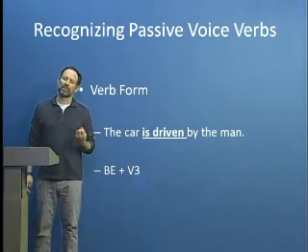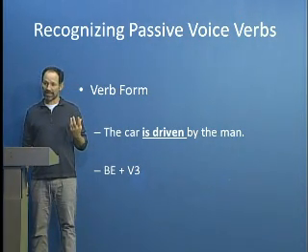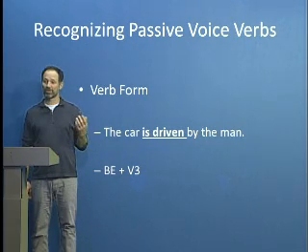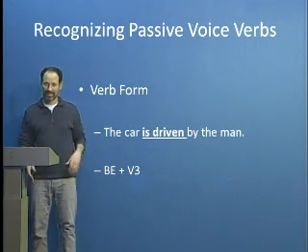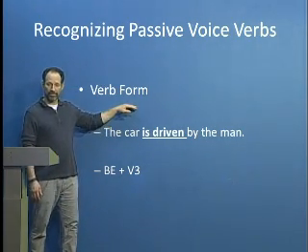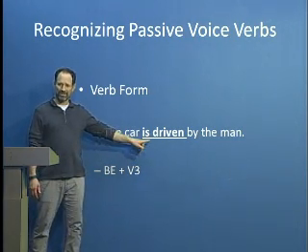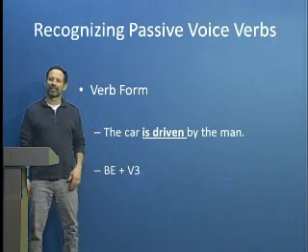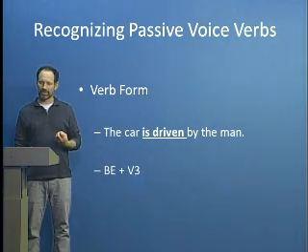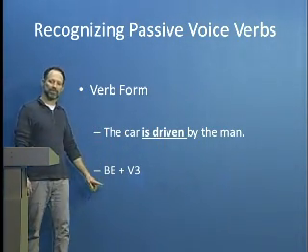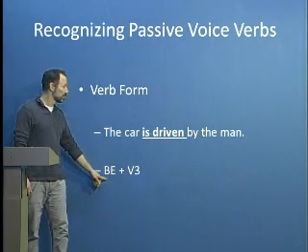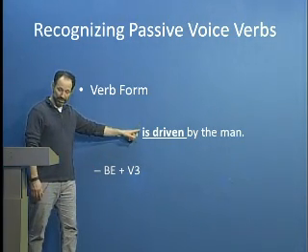The second thing we can look for to recognize a passive voice verb is what the verb looks like. The verb form. Here, the car is driven by the man. Is driven, that's the passive form of the verb. The passive form of the verb is going to be some form of be. Here we have is.